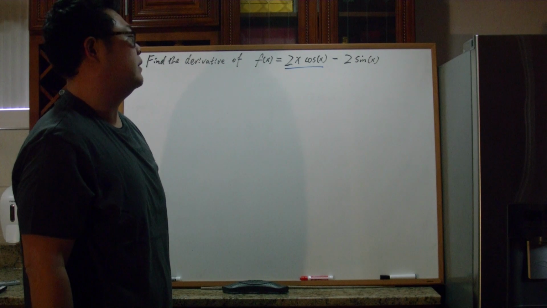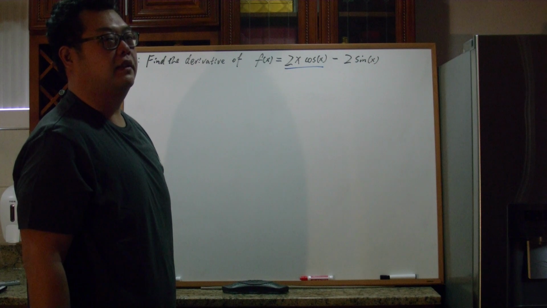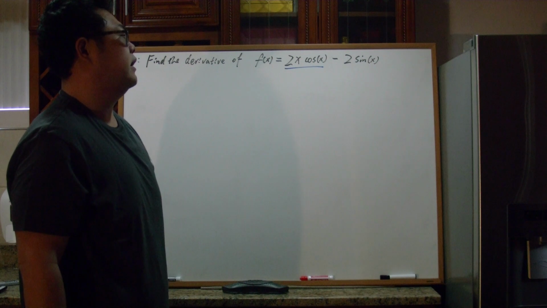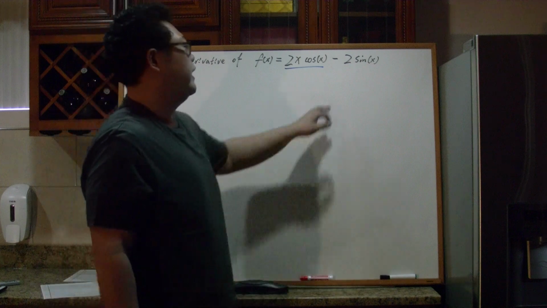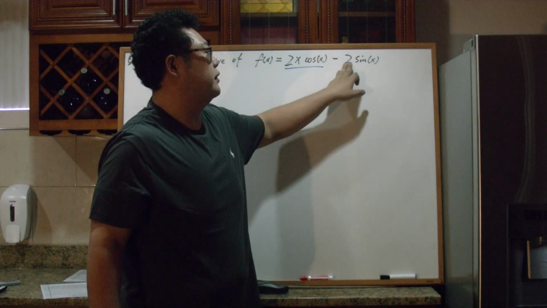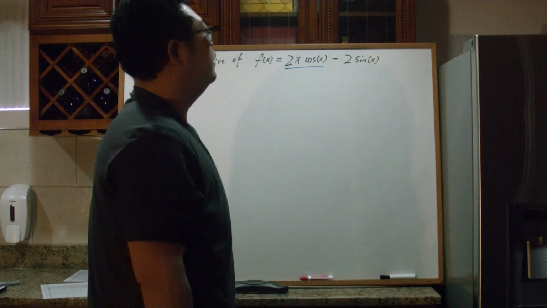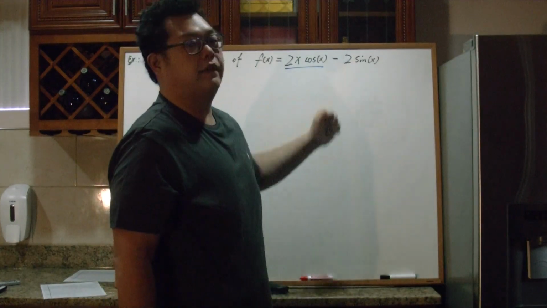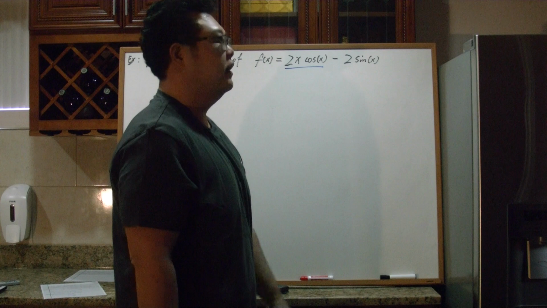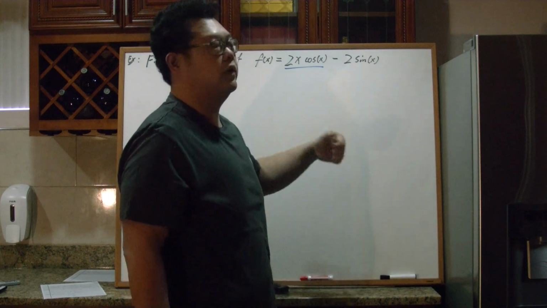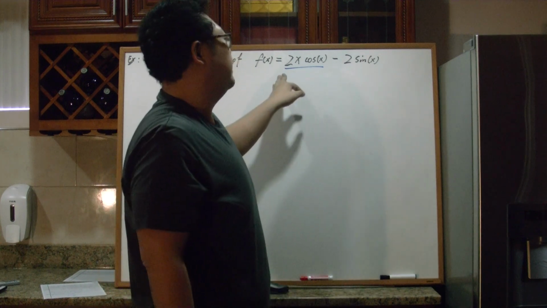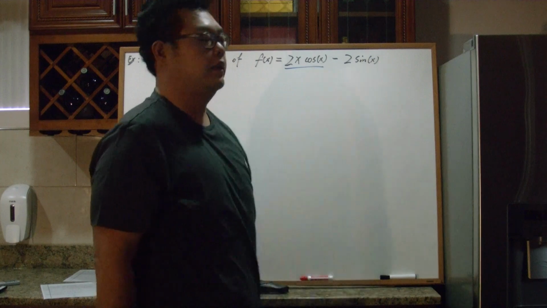But by looking at it, we already know that negative 2 times cosine x will be its derivative. So for a scalar multiple, we never have a property saying to use the product rule. Product rule only needs to be applied when it's function times function.